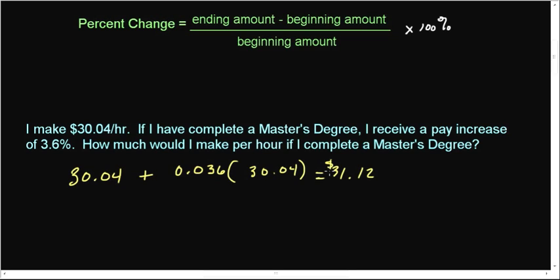The other way that I tend to look at it is I use this exact formula here. Now I put in my percent change: this is 3.6 equals, what is my ending amount? I don't know, so I make that a variable, x. Subtract off my beginning amount, divide that by my beginning amount, and multiply by 100.